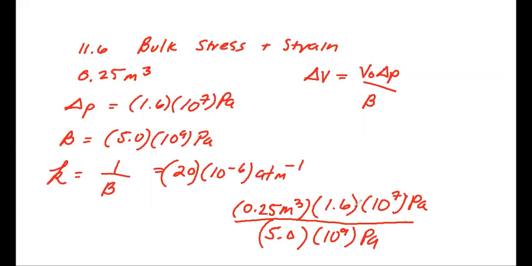And we get negative 8 times 10 to the negative 4th meters cubed.